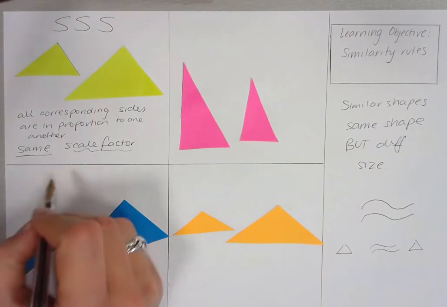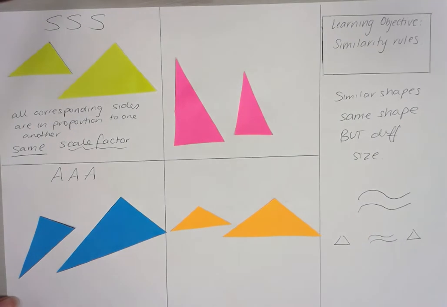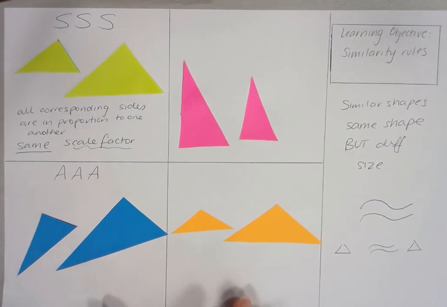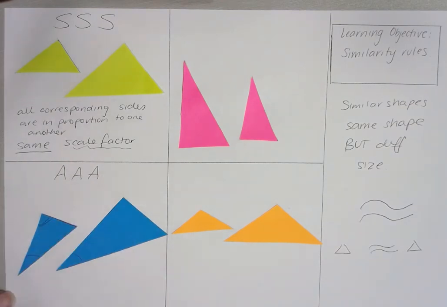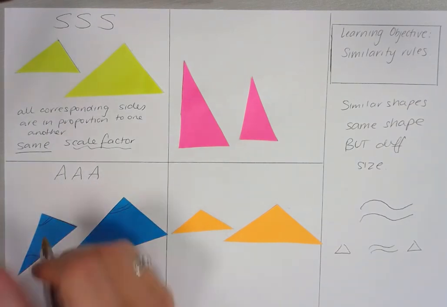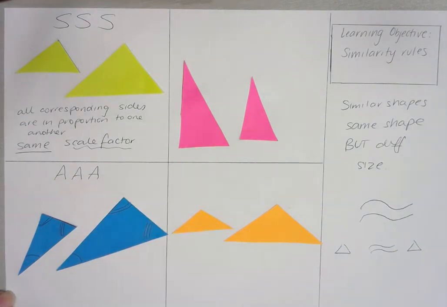Now our next one is angle, angle, angle. And this one's a new one. We don't have this one in congruency, but what we know is that if this angle is the same size as this angle, and this one is the same size as this one, and this corresponding angle is the same one as this corresponding angle, then what we have is the same triangle but enlarged or shrunk.